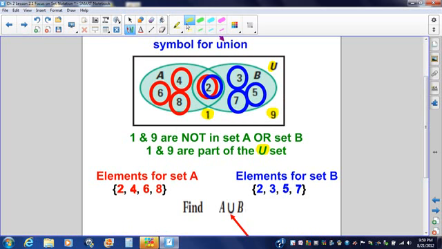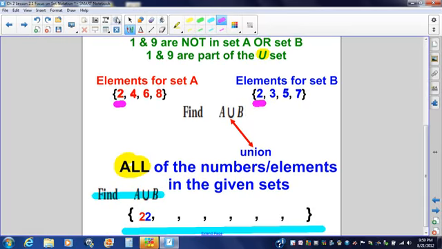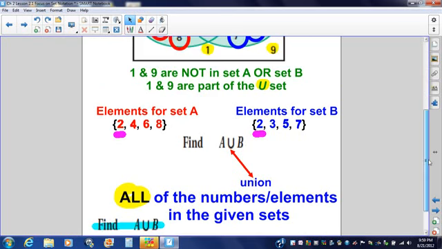Since they both share the element 2, you only write it one time. 3, 4, 5, 6, 7, and 8.